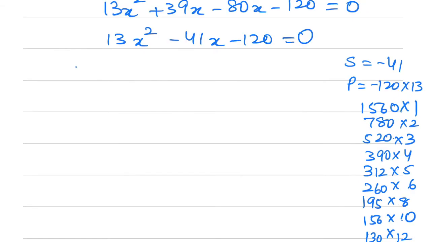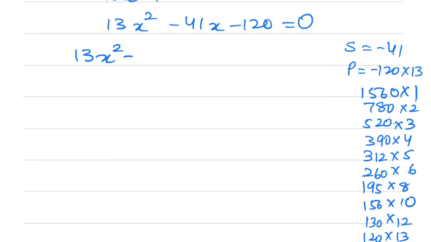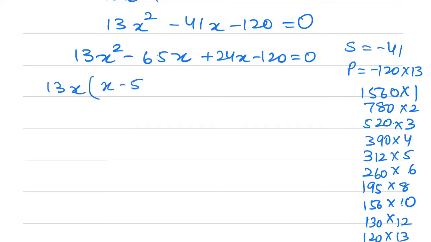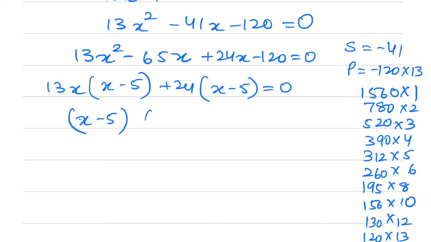We can substitute here. So 13x square minus 65x plus 24x minus 120 is equal to 0. 13x is common, (x minus 5), plus 24 is common, (x minus 5) is equal to 0. So x minus 5 and 13x plus 24 are the factors of this equation.